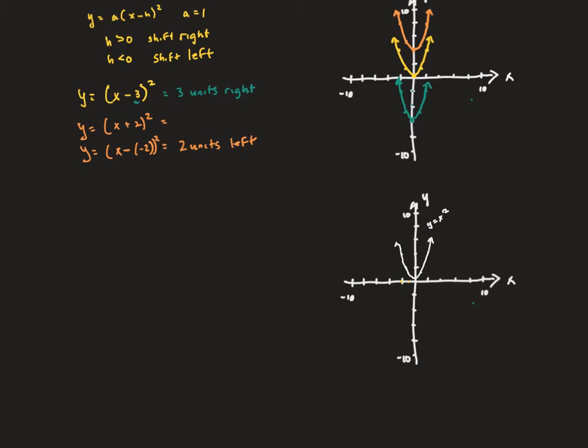And then of course if I shifted right 3 units, 1, 2, 3. And then shifted left 2 units would be 1, 2. There you go. So that is shifting left and right, up and down.